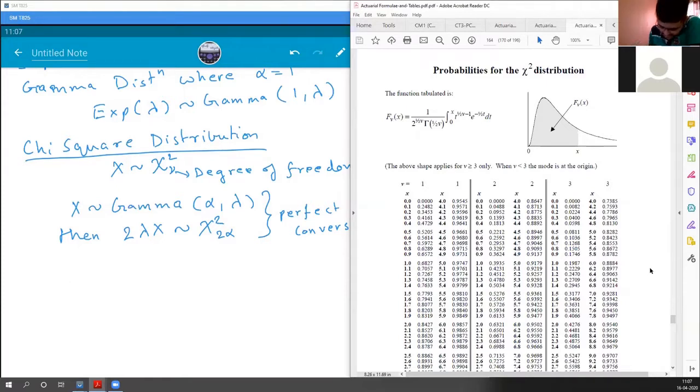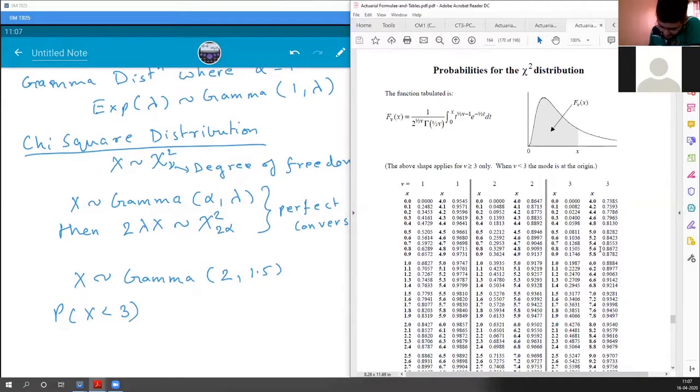So let's say I have an example: x follows gamma 2 comma 1.5, and I need to find the probability that x is less than 3. So this is what I need to find. How do we do that?